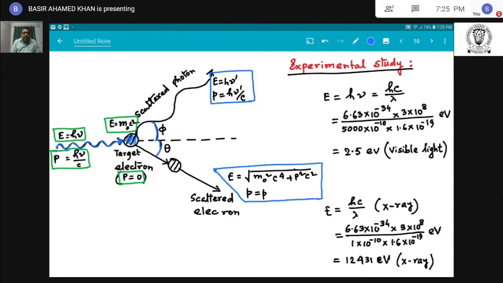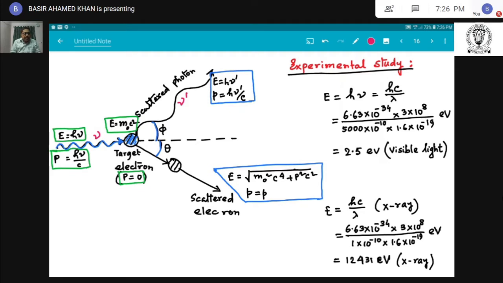That means phi is the angle of the scattered photon with the incident direction of the photon, and theta is the angle of the scattered electron after collision, the angle between the incident photon direction and the scattered direction of the electron. This is theta. The incident photon frequency is nu, and the scattered photon frequency is nu prime.